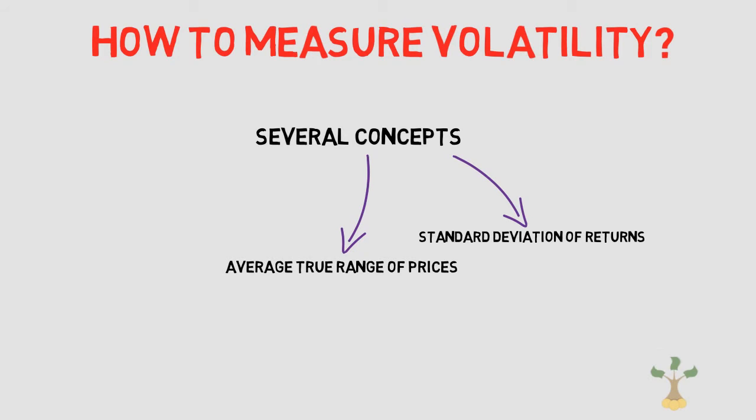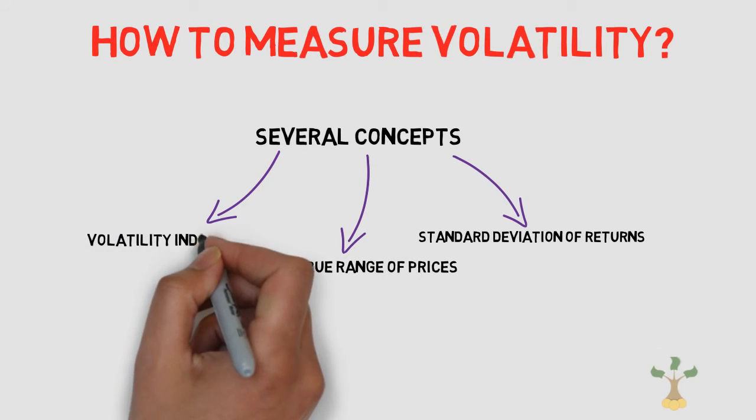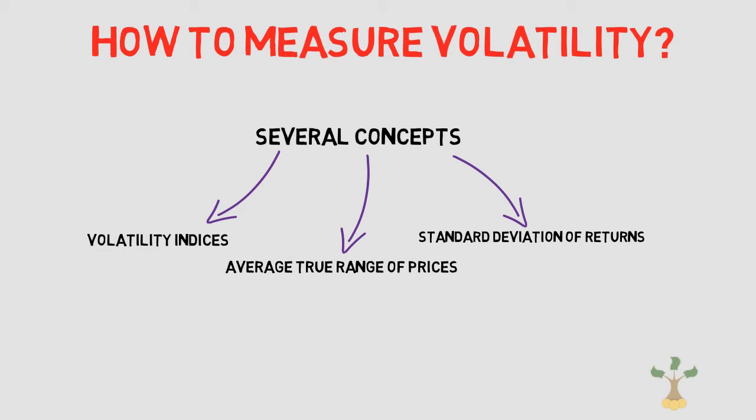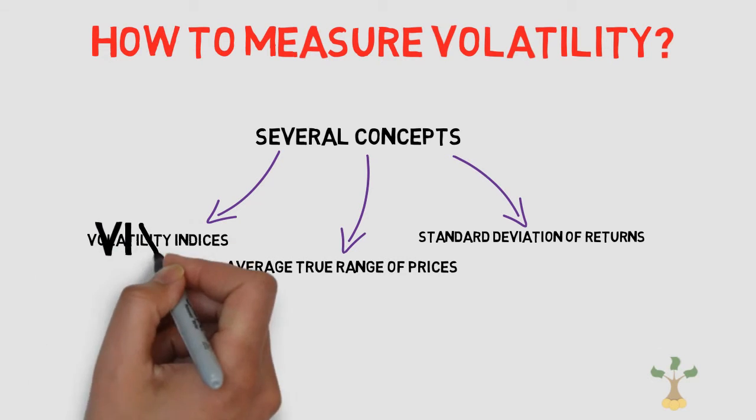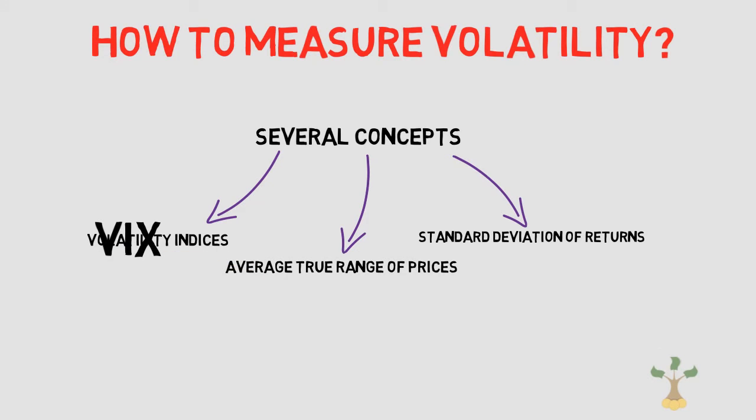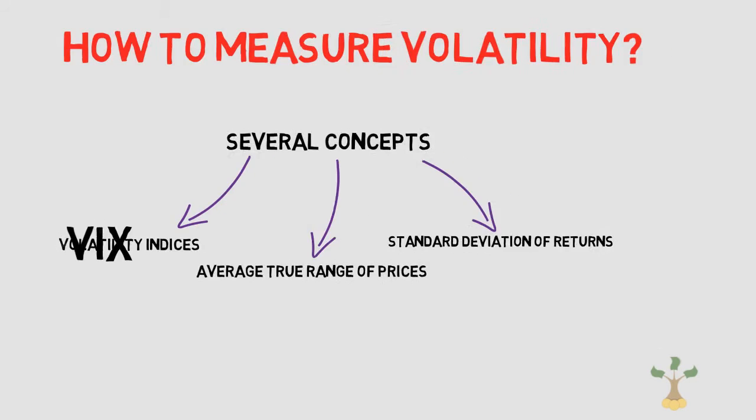The true range you calculate in a special way. There are also special volatility indices that try to capture the volatility of large indices, like the VIX for the S&P 500, for example. Such indices try to measure volatility by the implied volatility of certain options on the index. We will revisit implied volatility a little bit later.